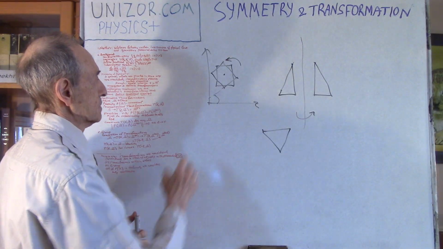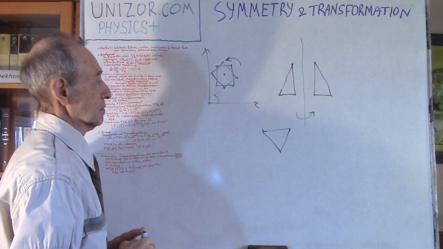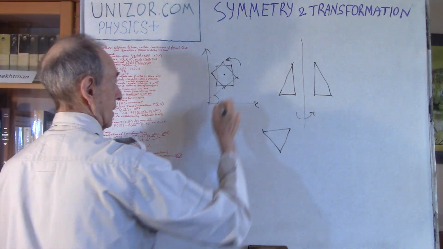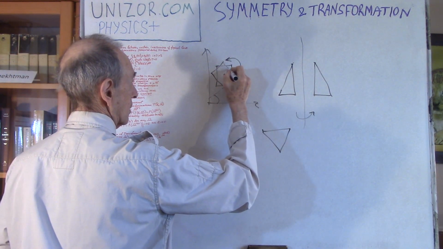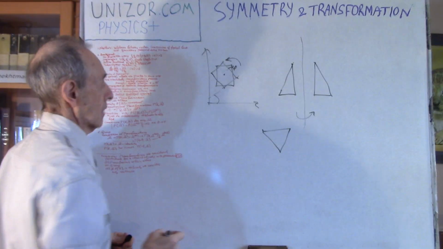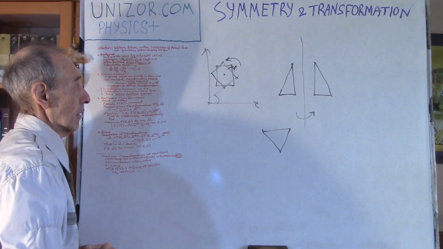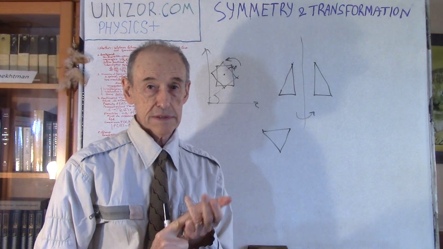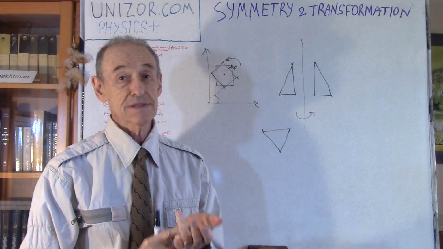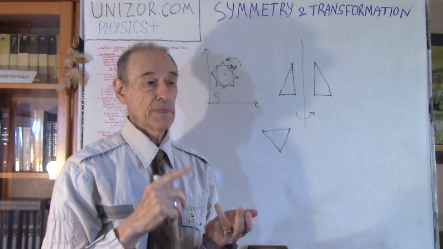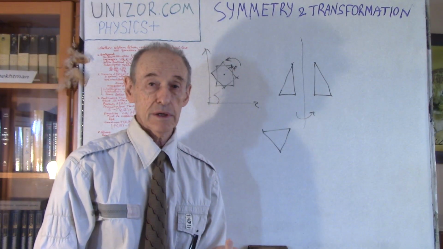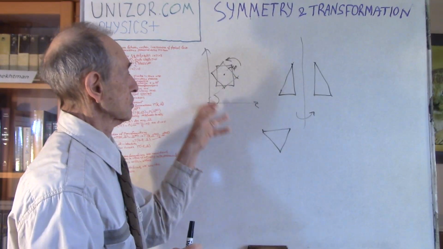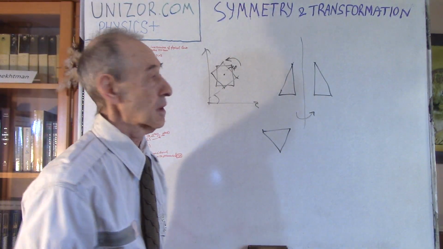Now, speaking about this rotation, for example, we can rotate by any angle phi between these two. This is angle phi. If I rotate by any angle phi, my sides are retained, so sides can be considered symmetrical. My area and perimeter are too, but position relative to the axis is not.